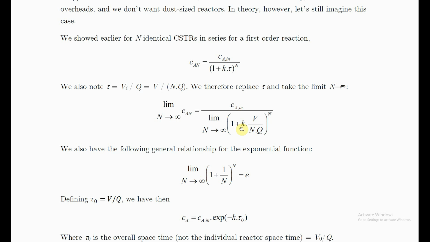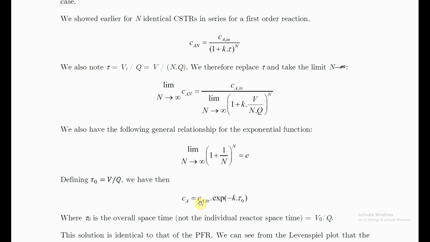Now, if you go back here, taking this simple mass balance, we've rewritten this tau as tau naught over n, right? So if you apply this relationship here, you are then able to say that this is nothing but Ca equals Ca in times exp of minus k tau naught.